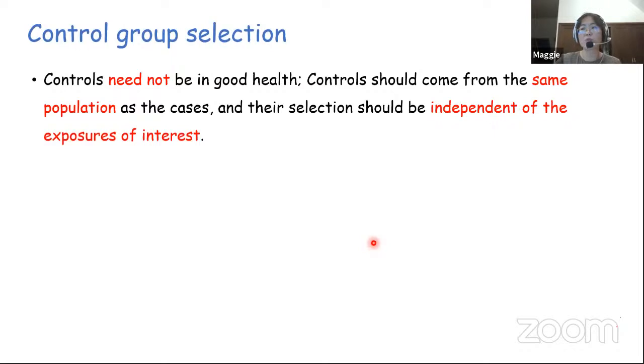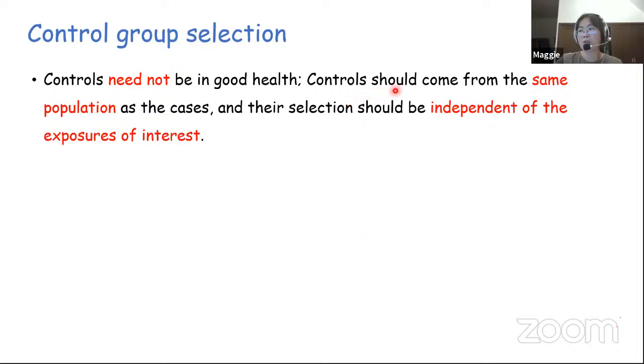So, the control group selection. The non-patient controls do not have to be in good health. For example, when we compare to the lung cancer patients, the control group would be the patients without lung cancer. They can have hypertension, they can have diabetes. They do not have to be in totally good health.